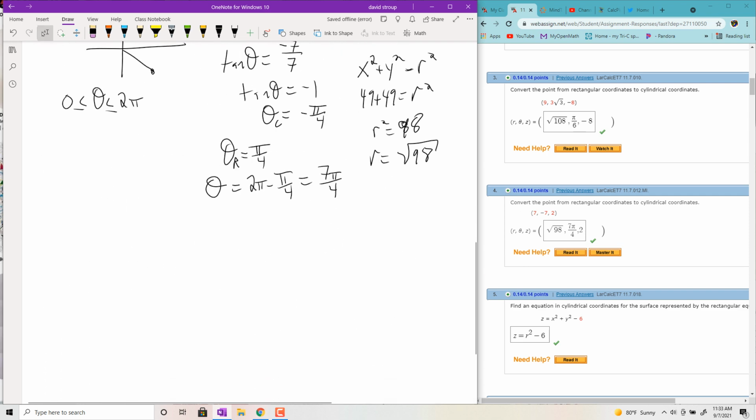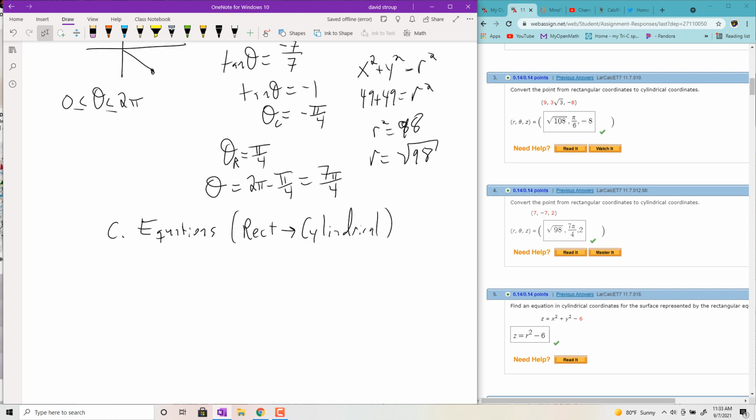Now we want to deal with equations. First we'll go from rectangular to cylindrical. For the rectangular form, you're usually looking at some function, hopefully of x, y, and z.